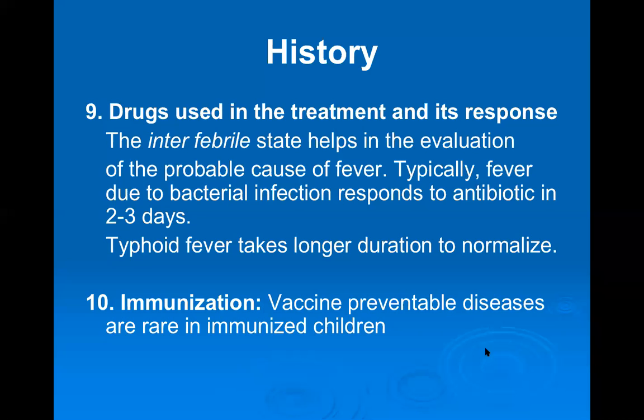And can you show me the record? Because every mother, every parent has that record of vaccination. You can quickly glance at that record and know which vaccines are missed or which vaccines are completed. And if the parents are well educated, they can easily answer this question. So this is about immunization history.